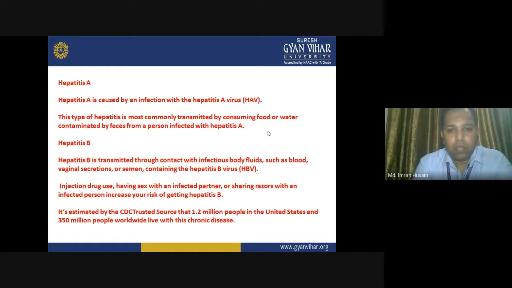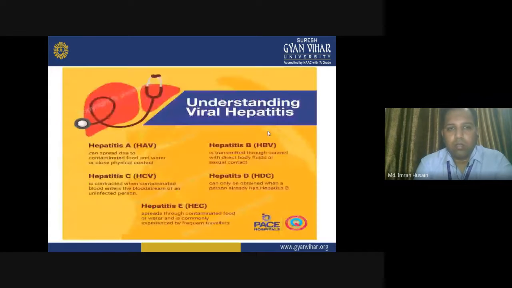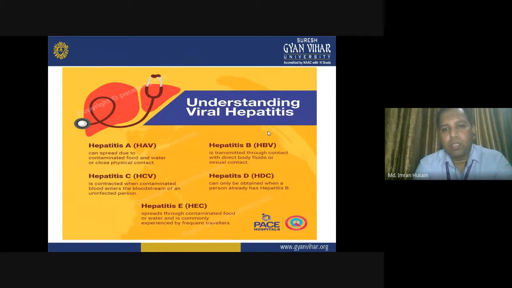Injection drug use, having sex with an infected partner, or sharing razors with an infected person increase your risk of getting hepatitis B. So, because of these things, one can easily get hepatitis from another individual without even knowing about it. Okay, so it is a chronic disease and it kills a lot of people around the world.